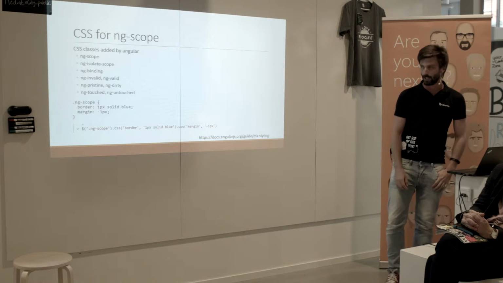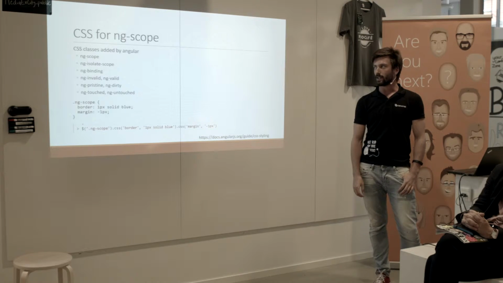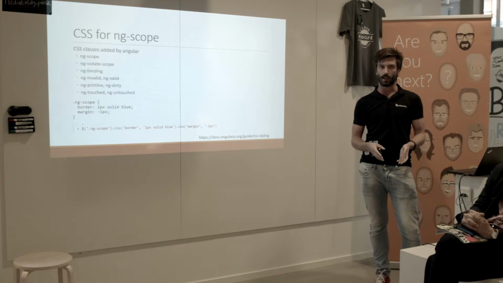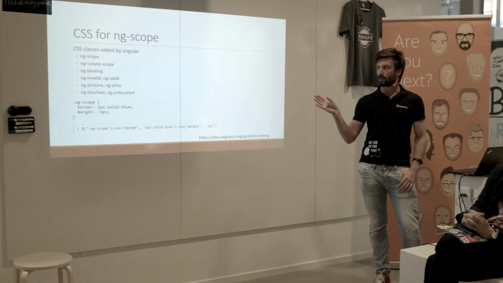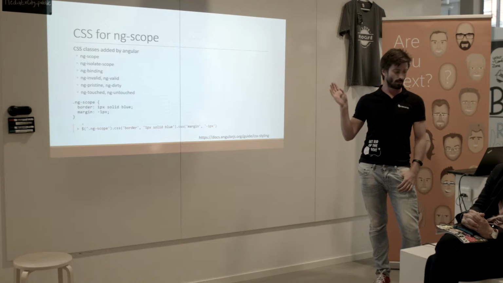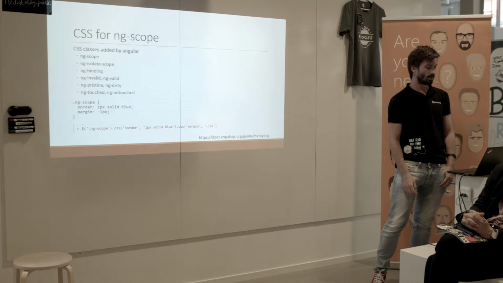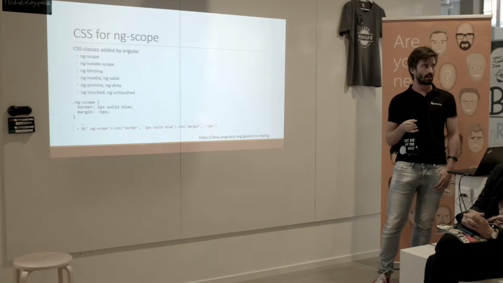All right, so leaving Angular element, I will come back to it later. We also have some CSS that is added by Angular. And some of these can be turned off using the debug information. But you see that you have the ng-scope, and ng-scope is added to every element that gets a new scope.